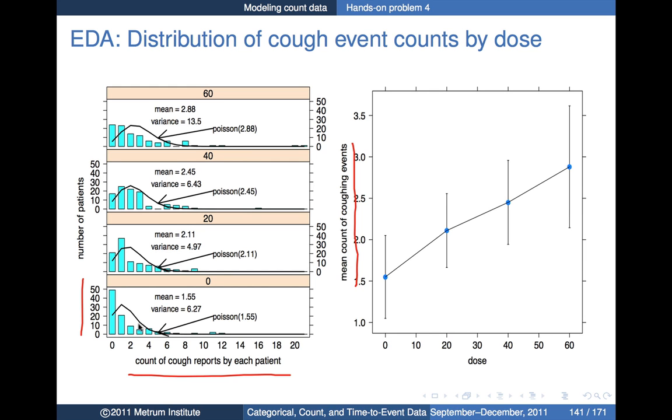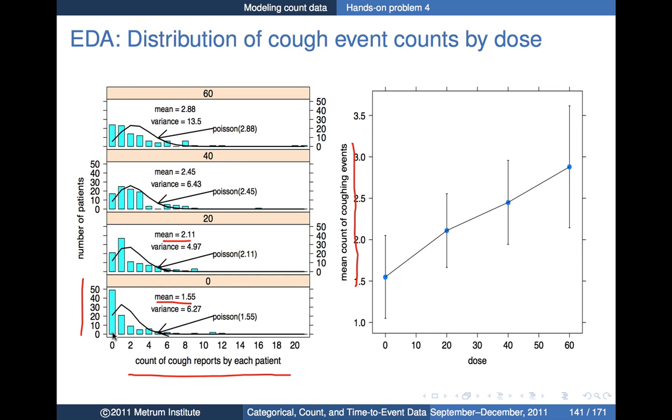And then overlaid on that was a picture of a Poisson distribution that has the same mean count as this collection of patients. I've also overlaid the mean, you can see up here, and what you see is this Poisson distribution seems, at least the mode is shifted to the right compared to the observed data.